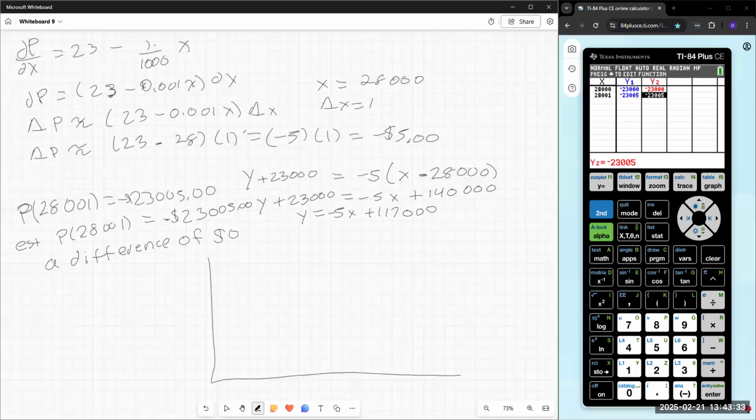That's really good, right? Really, there's a difference of 0.05 of a cent, but that's undetectable.